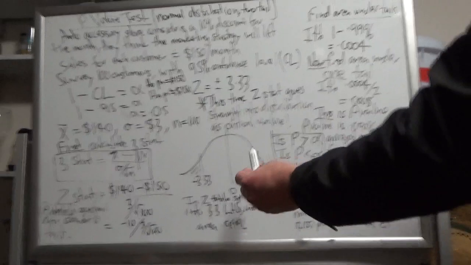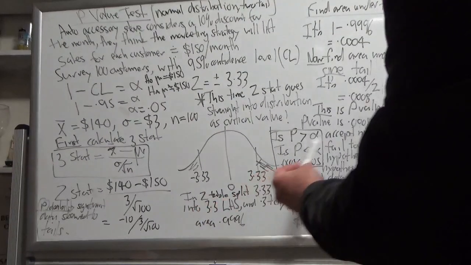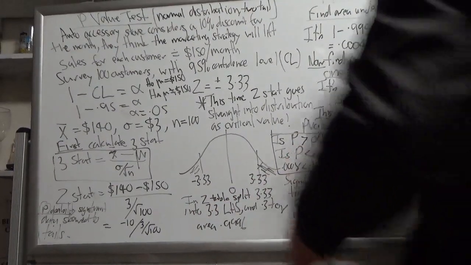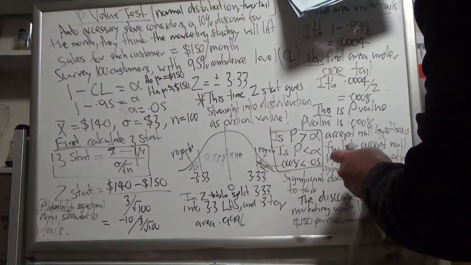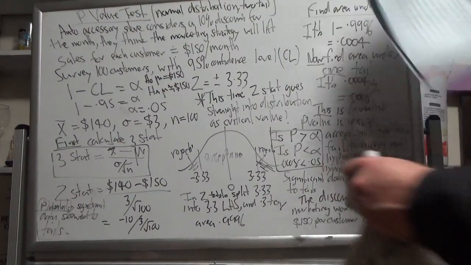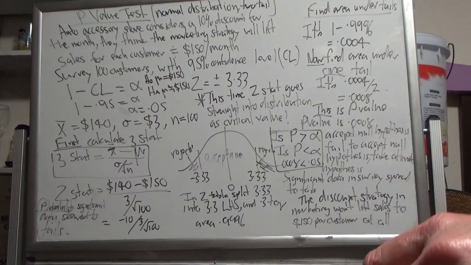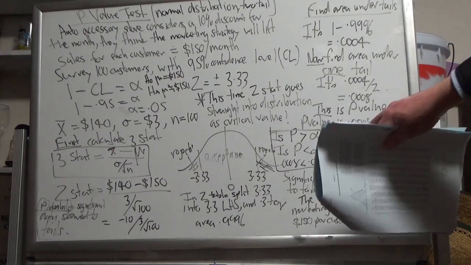So if it's that small, that's the acceptance region. I might have had this written down wrong. And this is the rejection region, and that one too. So I might just rub this out. Oh yeah, no, that's right. We do accept the null hypothesis.